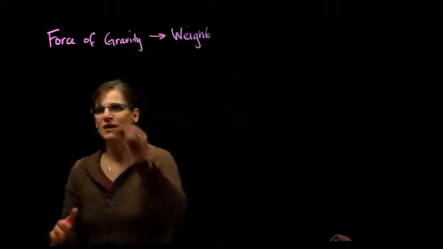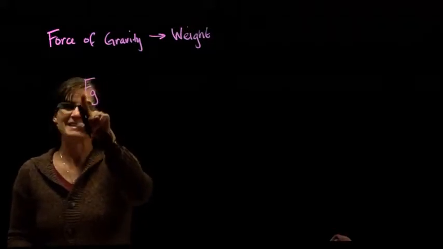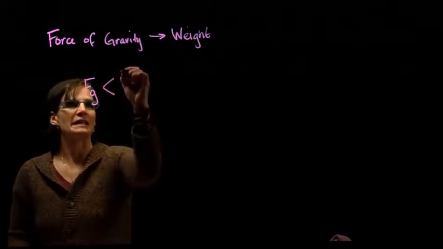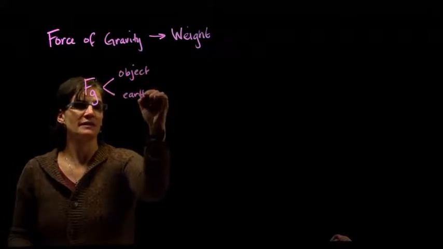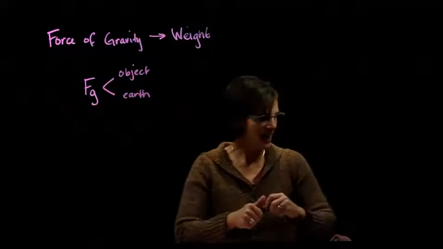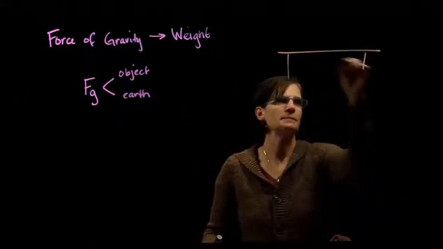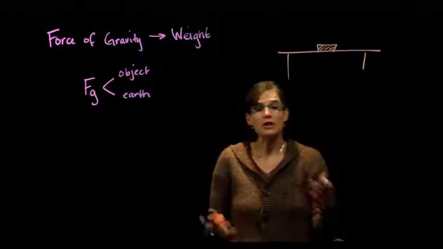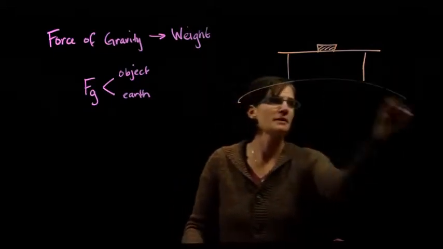The force of gravity, which we categorize as F sub g, is the interaction between the object and the earth. So, let's imagine that we have a book sitting on a table. Well, the earth is interacting with this book sitting on a table because the table is on the earth.